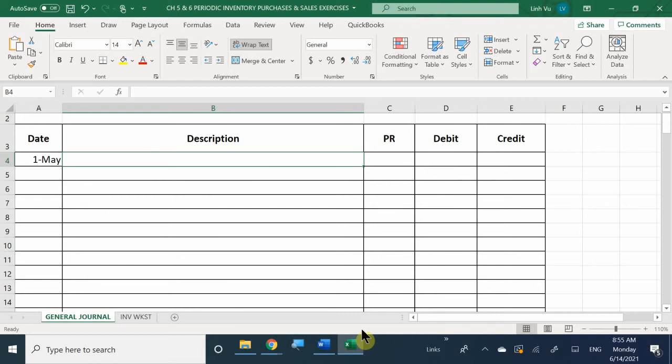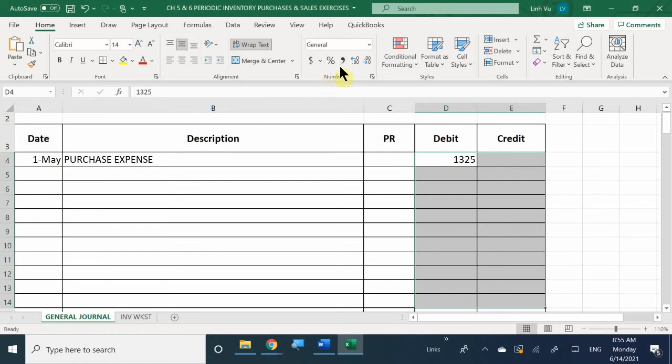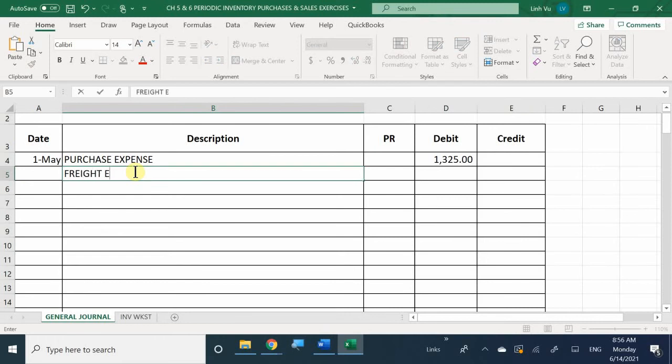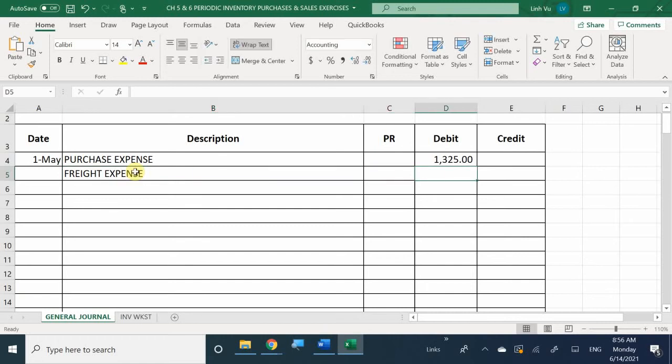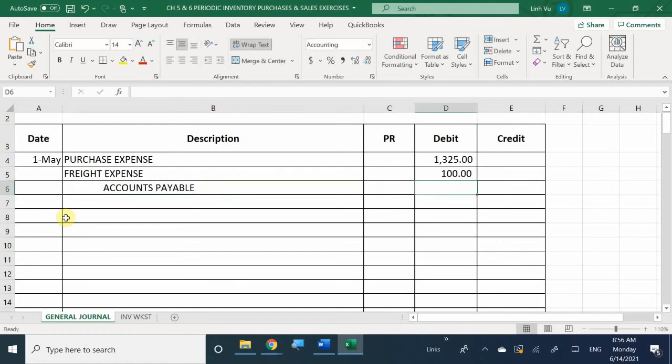Like inside purchase expense, for 13.25 debit, and then freight expense for $100, and then accounts payable for 14.25.